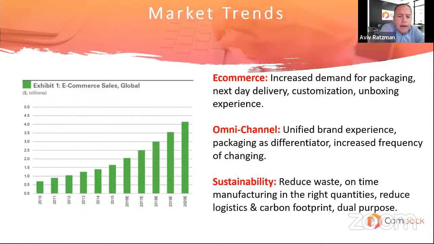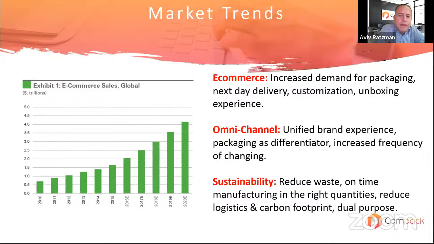Omni-channel: because of e-commerce, brands are selling on the net, they are selling in the retail shop, they are using social media to push their brand, and they must unify their brand experience. This is critical. Packaging is a differentiator and can help them.